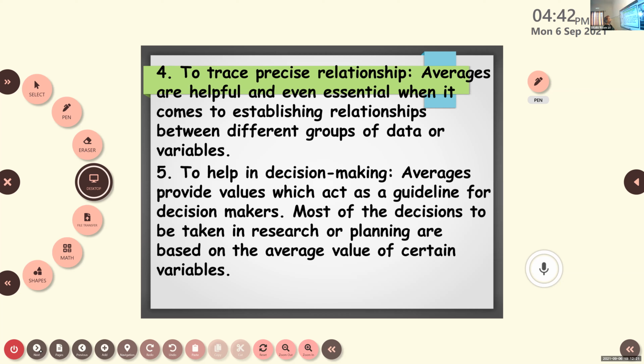Maybe if they get the averages, they can say, okay, this average can be increased in this manner. That kind of decisions can be taken by the researchers or those who are planning for various things. So it's a guideline for the decision makers.